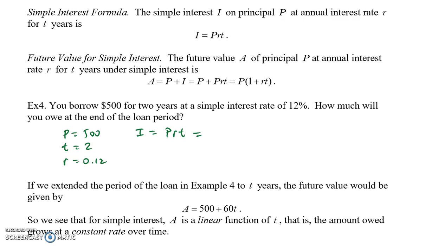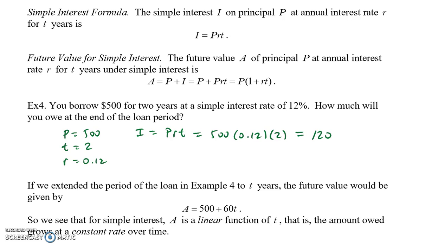So the principal is $500. The rate is 0.12. The amount of time is 2 years. If we multiply all that together, we obtain $120. That'd be $120 in interest over that 2-year period.